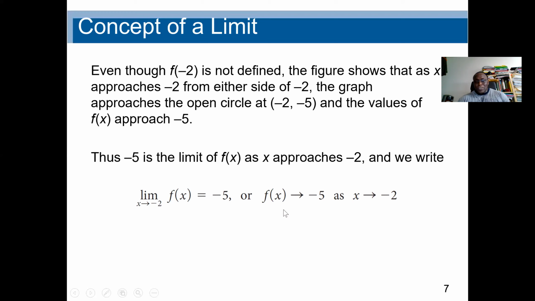Or we can say f(x) approaches -5 as x approaches -2, even though f(-2) is not defined. The figure previously shows that as x approaches -2, y approaches -5. We are not going to say y equals -5, but it approaches -5.